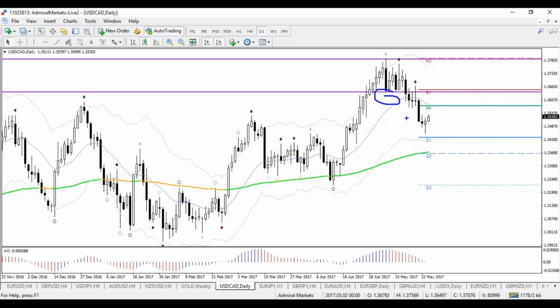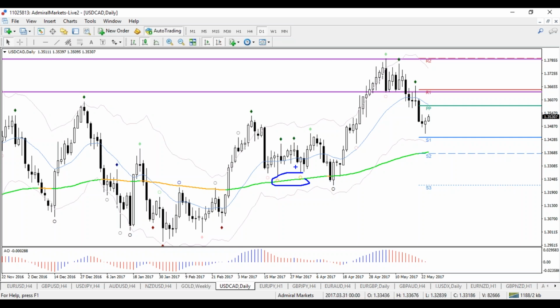Whereas the darker the circles, the sturdier that support level probably is, either dark orange or dark blue, by the way.